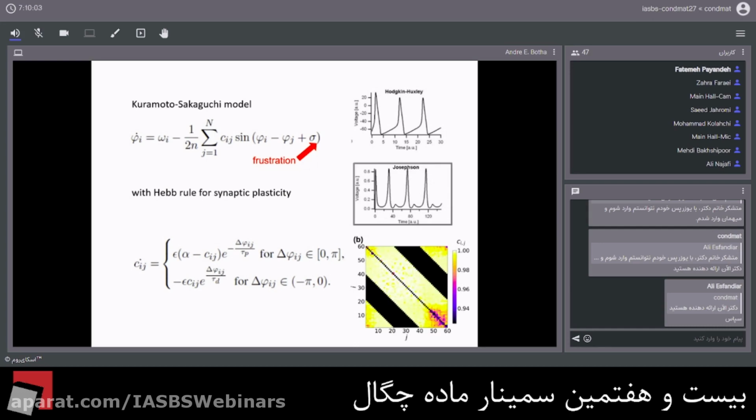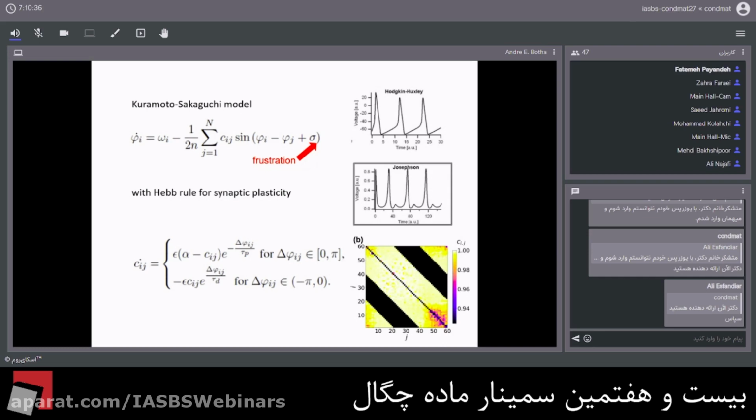In the case of the model that we use here, the frustration can be thought of as playing a similar role to what I said earlier, where a neuron might receive multiple signals from adjacent synapses, but in order to decide whether to fire or not, it has to reach some sort of an integrated combination of whatever signals it receives.